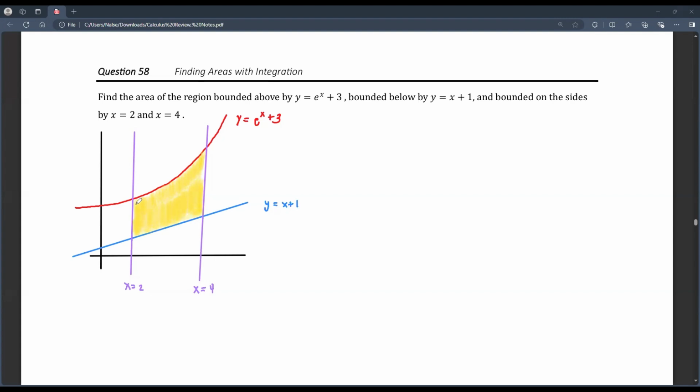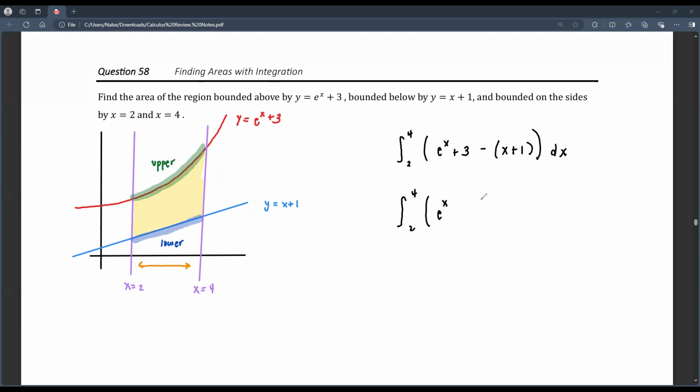Since there is only one upper and lower function over the horizontal length of the interval, we can find this area with a single, definite integral. We will just need to integrate, from 2 to 4, the upper function minus the lower function. The integrand simplifies to e to the x minus x plus 2, which we can integrate by taking antiderivatives.